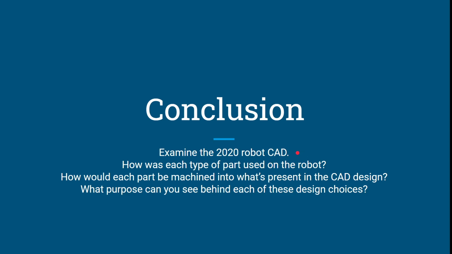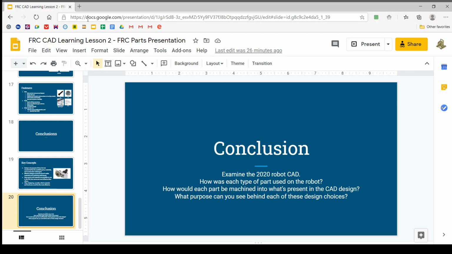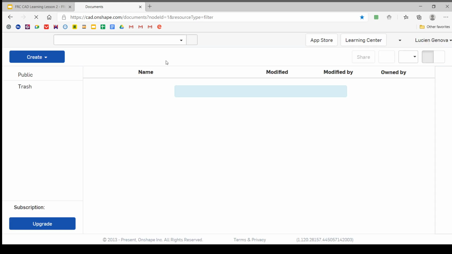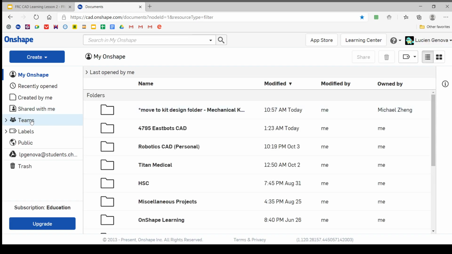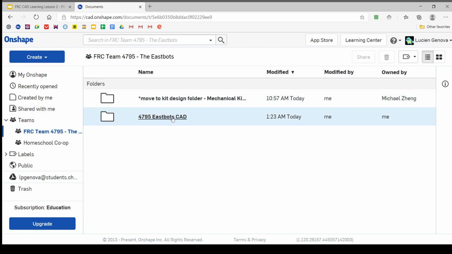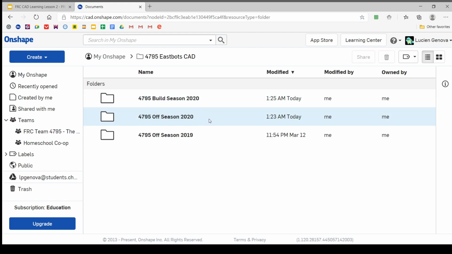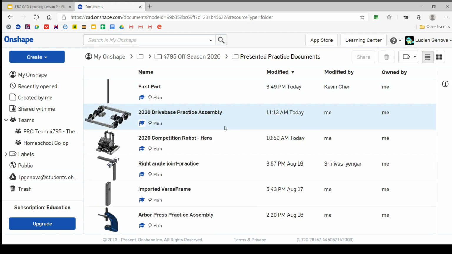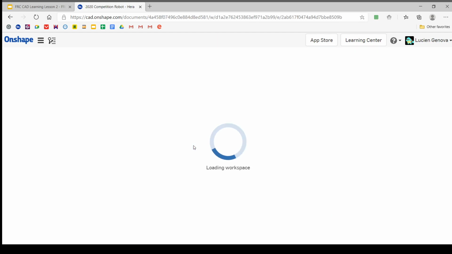So I'm going to go ahead and navigate to the CAD real quick. We'll go up to here, open a new tab, and go find our robot, go to off-season, and then presented practice documents, and we'll check out our 2020 competition robot.